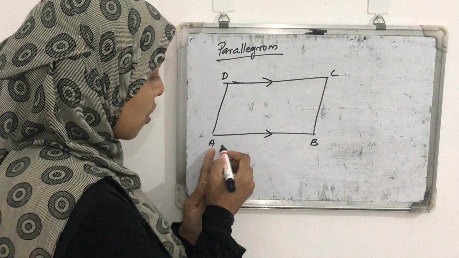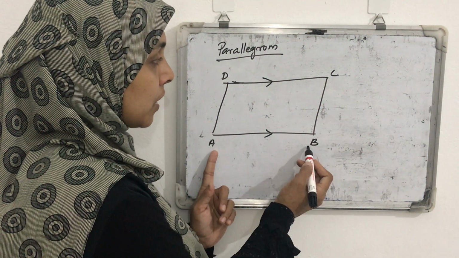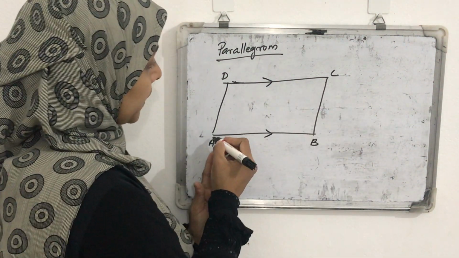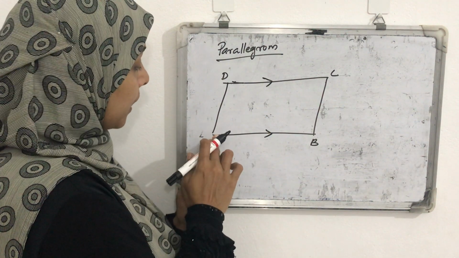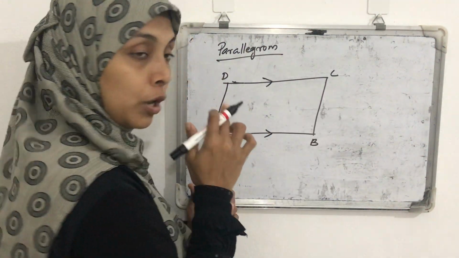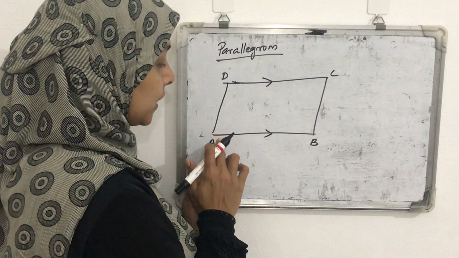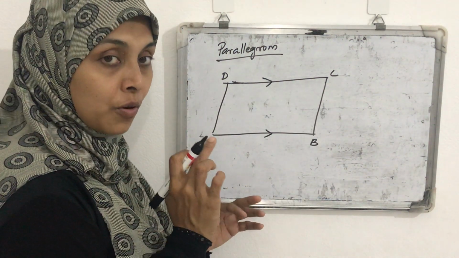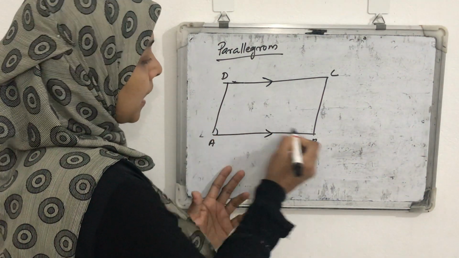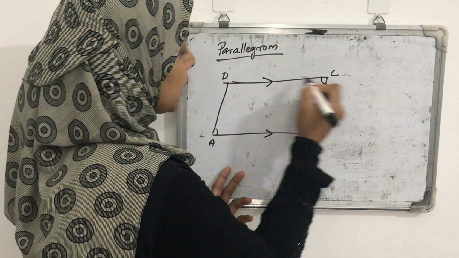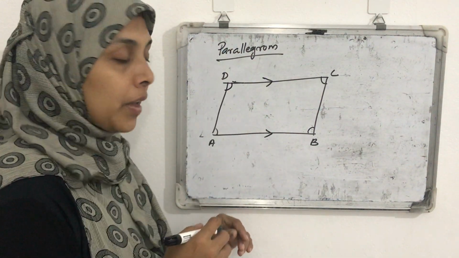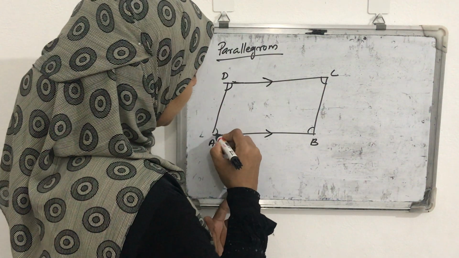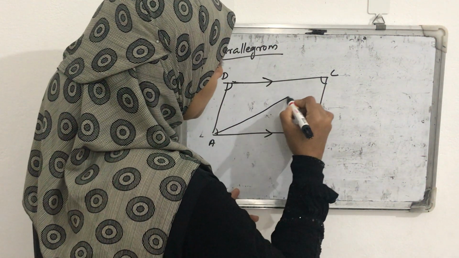Okay, so the opposite side of AB is what? DC. The opposite side of BC is AD. And here we have 4 vertices. For a parallelogram there will be 4 vertices, A, B, C and D, and also it has 4 angles, angle A, angle B, angle C and angle D. And one more thing, what is the line segment drawn from one vertex to its opposite vertex?